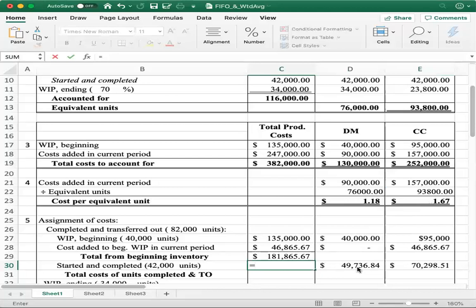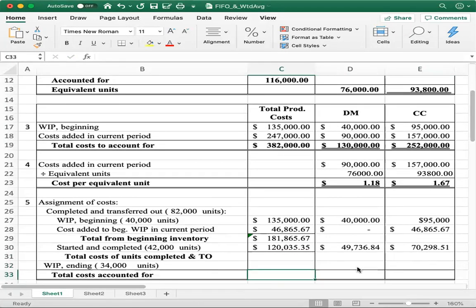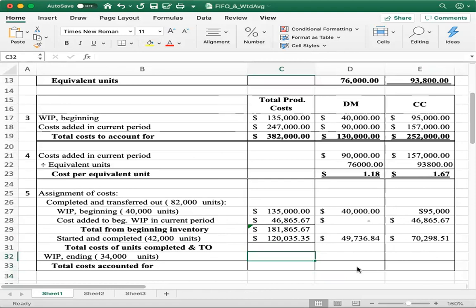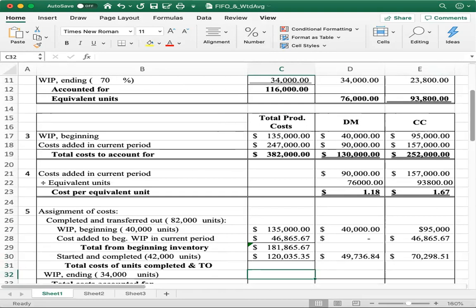Now we add them together. So that's D30 plus E30. Both cells are added. So it's 122,000 cost for number of units started and completed. Now the cost of the ending work in process, again, now you're going to go back and look at the units in the ending work in process, which is 34,000 for direct material, 23,800 for conversion. So they are on cell D11 and E11.